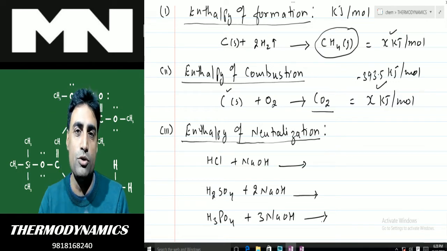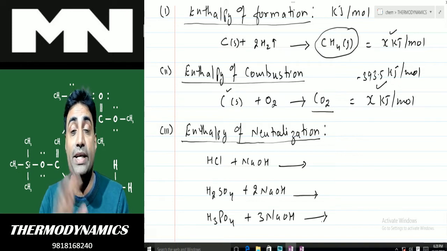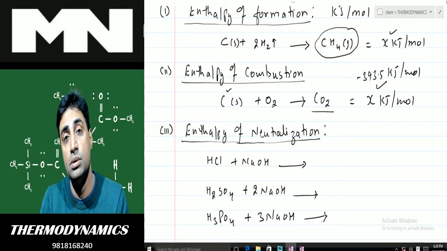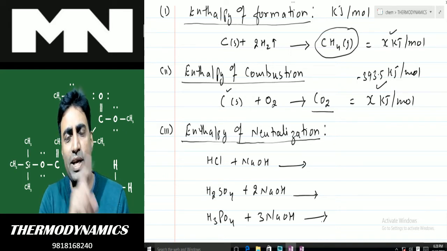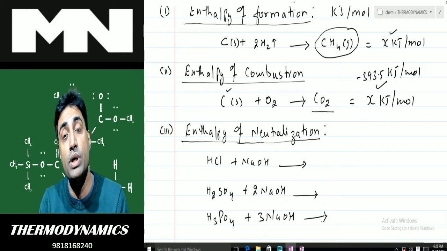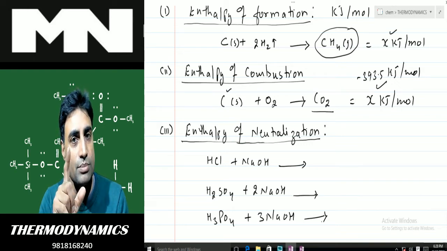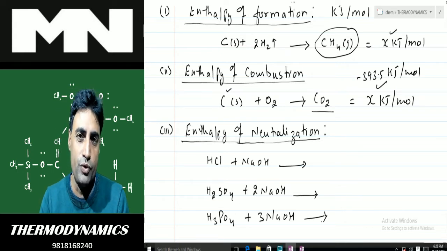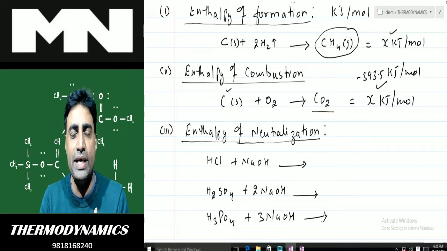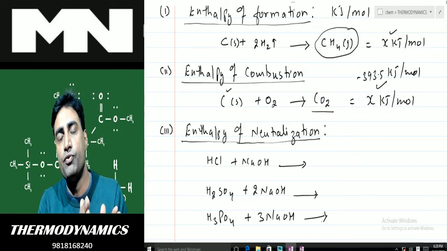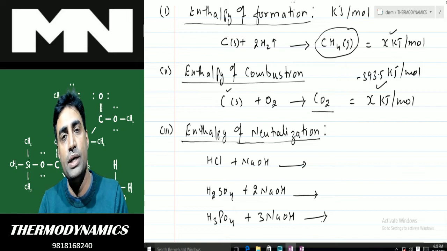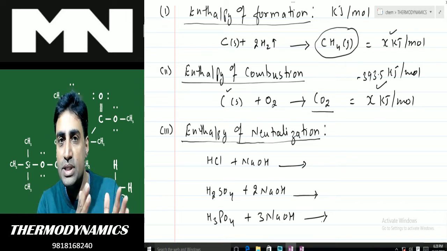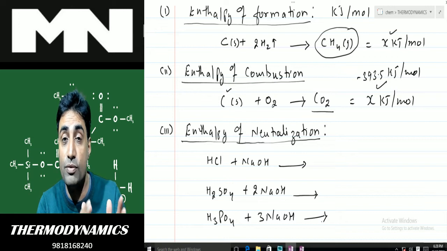Likewise, in the case of H2SO4, 98 grams of H2SO4 is neutralized by 80 grams of NaOH. The equivalent mass of H2SO4 we know is 49.